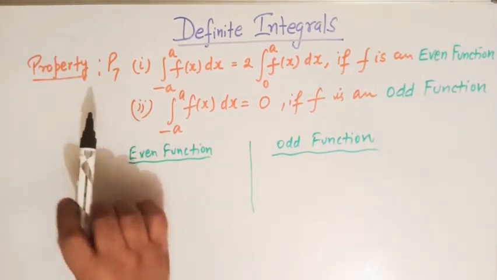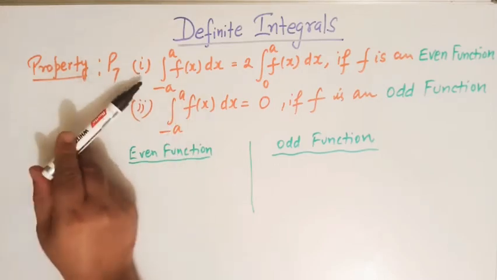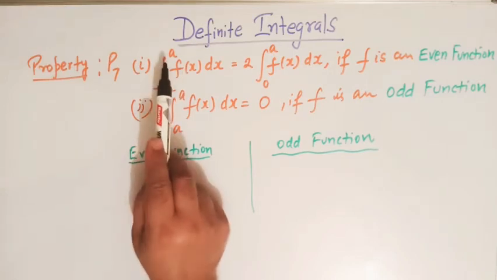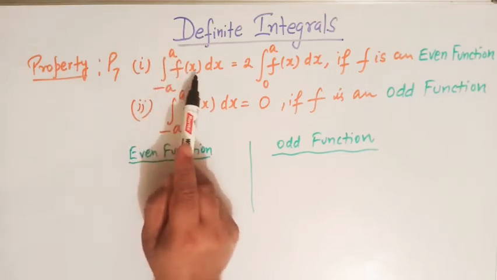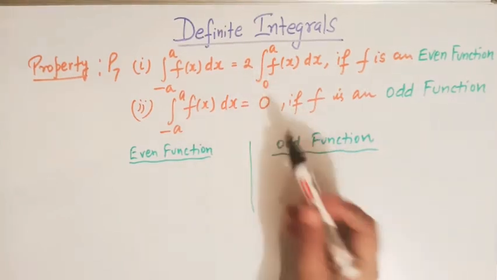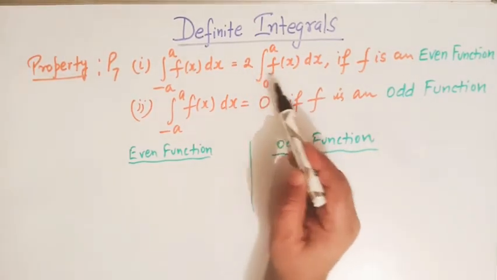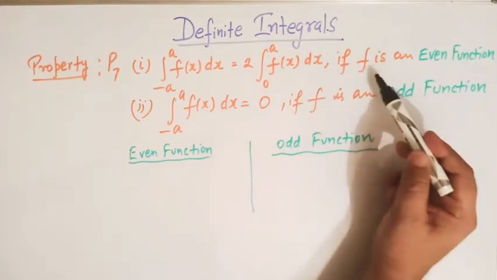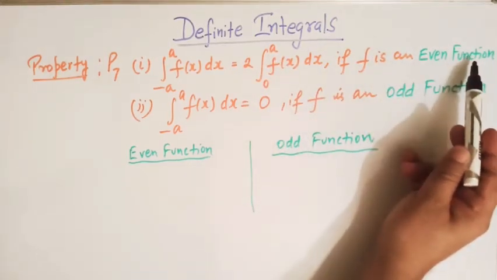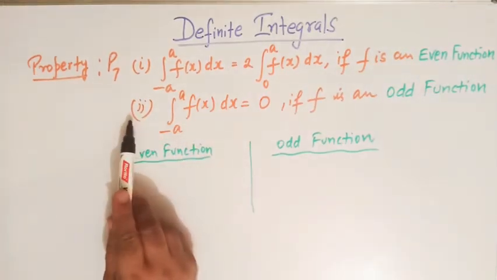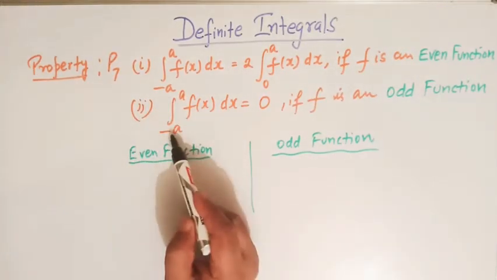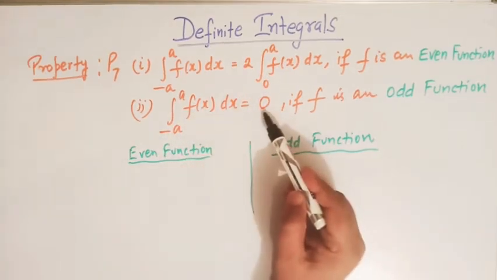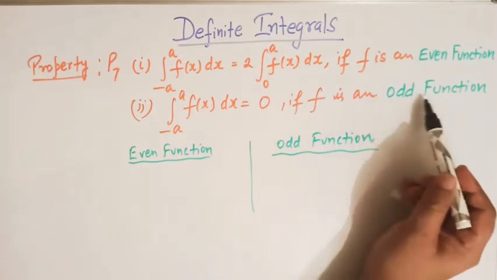Now before taking this property, that is, the integral from minus a to a of f of x is equal to twice the integral from 0 to a of f of x if f is an even function, right? And in the second property, the integral from minus a to a of f of x is equal to 0 if f is an odd function.